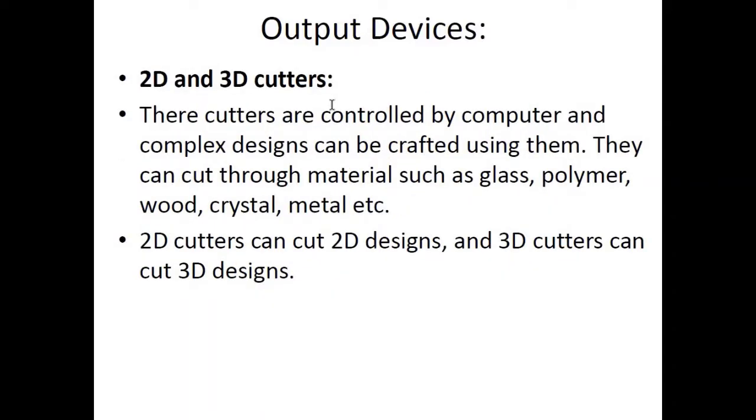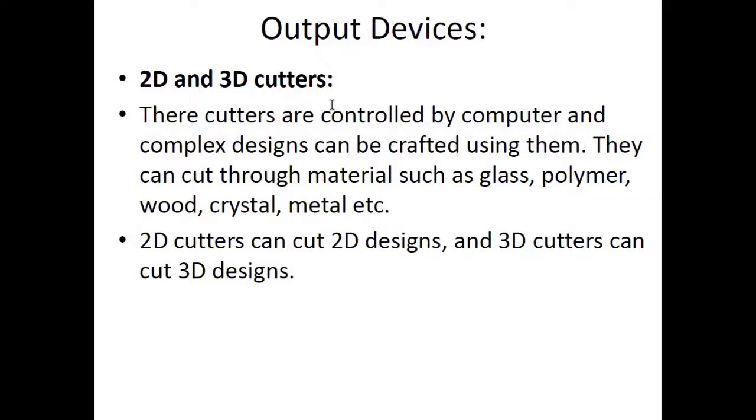Next output devices we have are 2D and 3D cutters. These cutters are controlled by computer and complex designs can be crafted using them. They can cut through materials such as glass, polymer, wood, crystal, metal, stone, etc. 2D cutters can cut 2D designs, for example, cutting different gears or different patterns out of a metallic sheet.